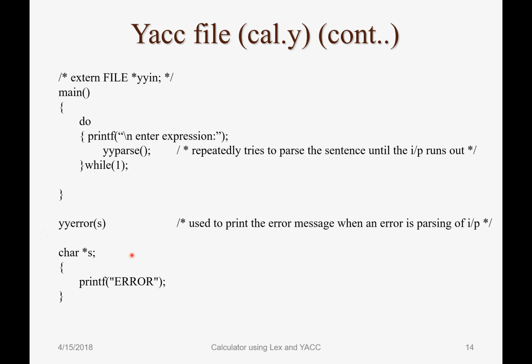If our input is not correct, or some bracket is missing, or some variable or identifier which is not present in our grammar, then it will fire the error. That is a syntactical error. So it repeatedly tries to parse the sentence until the input runs out. And finally, this is the error handling, the yyerror function. So this part is the subroutine section where we wrote main and yyerror.